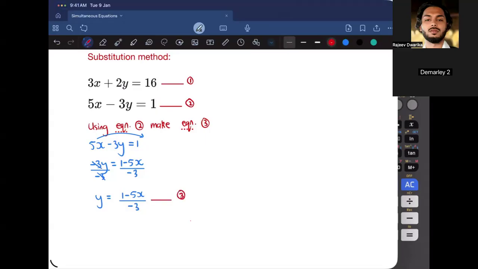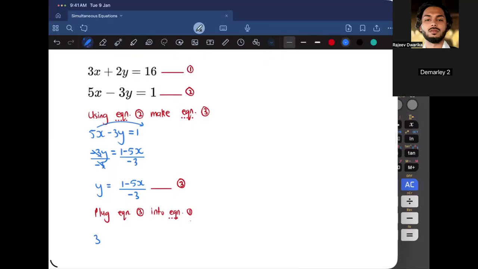Since we used equation 2 to make equation 3, we're going to plug it into equation 1. Wherever I see y, I'm going to write 1 minus 5x over minus 3. Yes, because y is the same thing as that.